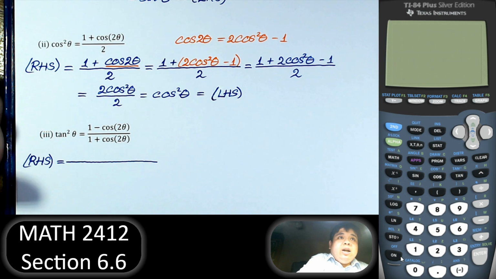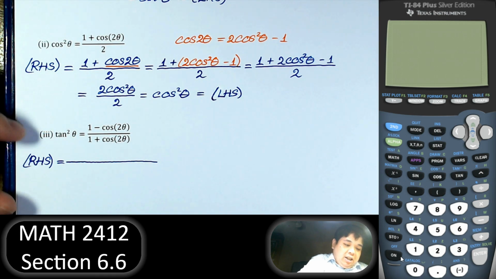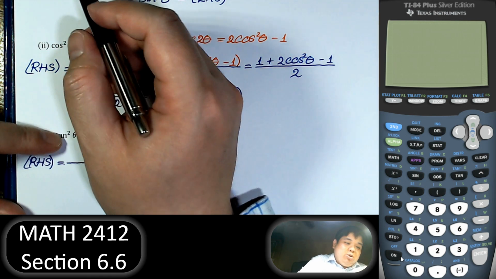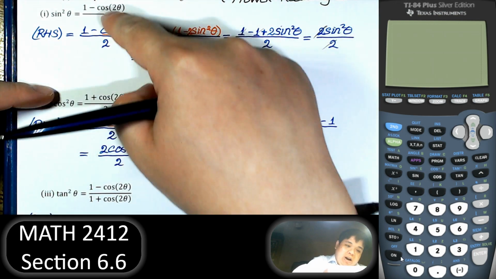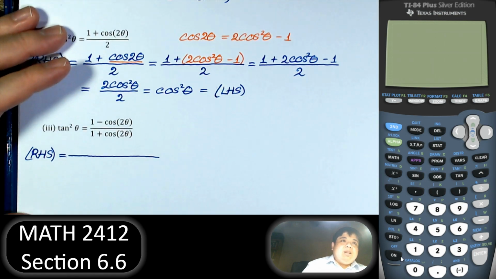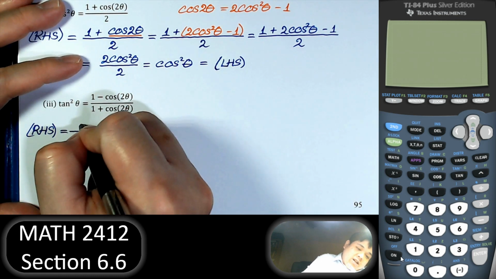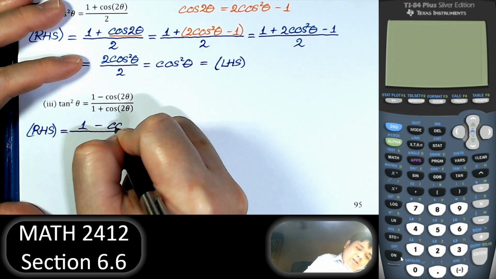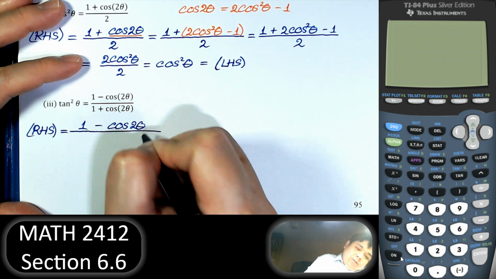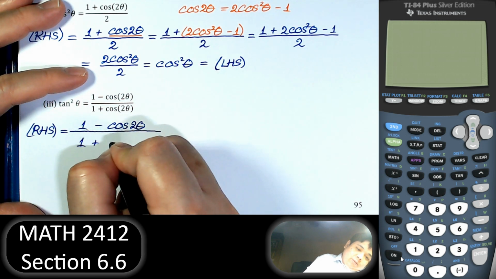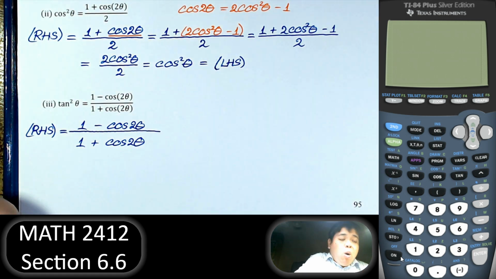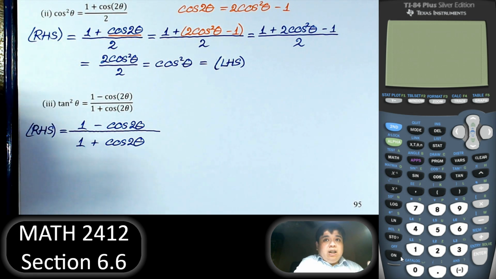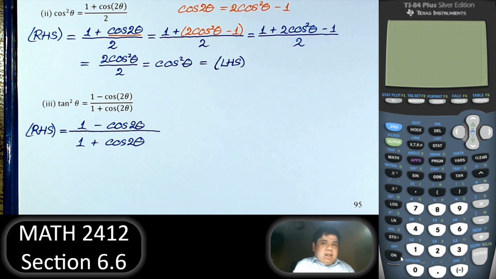So the key is, actually it's very easy. Tangent square is equal to sine square over cosine square, and we just take these two, divide each other, and we have that. But if we start from the more complicated side, the goal in mind is tangent square on the left hand side. Tangent is equal to sine over cosine.